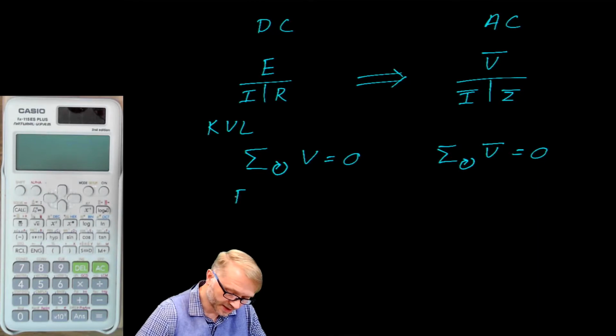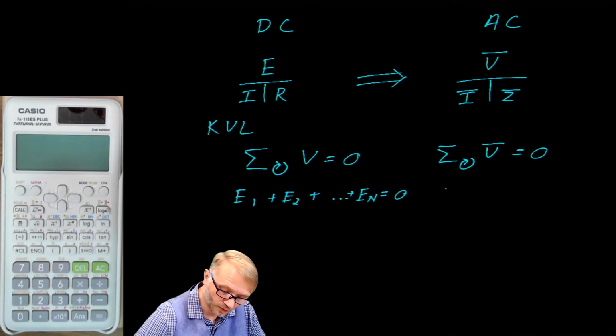Could look at it this way. We could talk about E1 plus E2 plus any number of voltages is equal to 0. Or over here, voltage vector 1 plus voltage vector 2 plus any number of voltage vectors add up to 0.